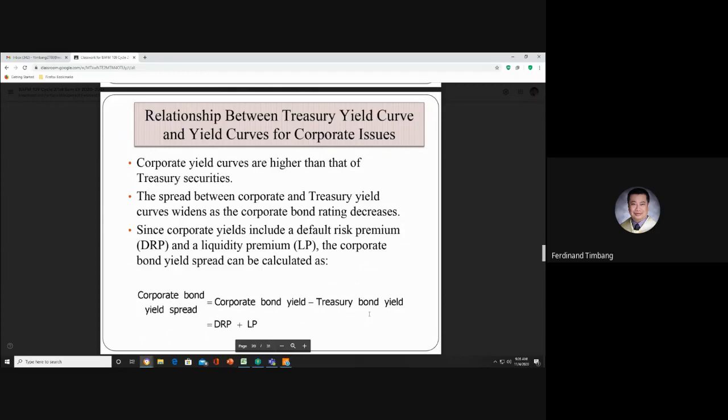Doon lang sila nagkakaiba. Okay? Kaya sabi nga rito, yung corporate bond yield spread, kasi yung corporate bond yield minus the treasury bond yield. So basically the difference is only the default risk premium and the liquidity premium. So dyan lang sila nagkakaiba.